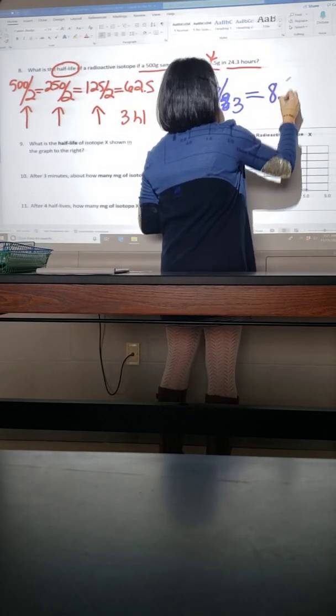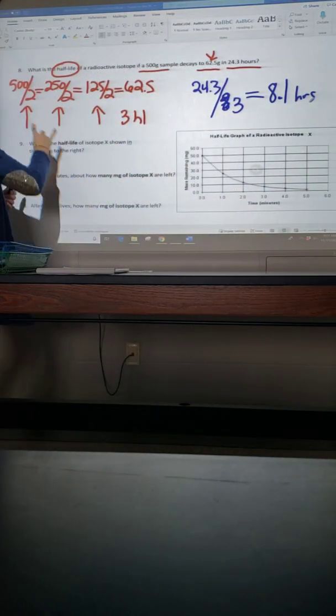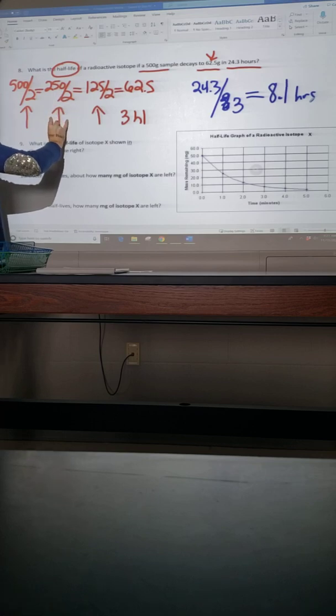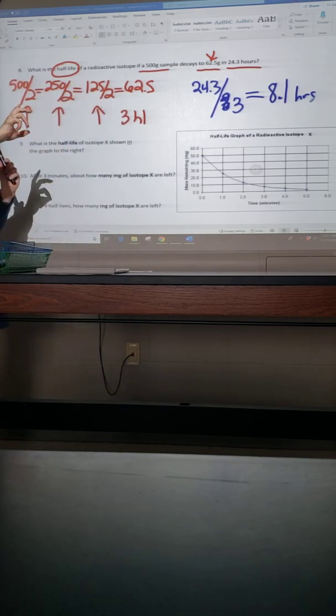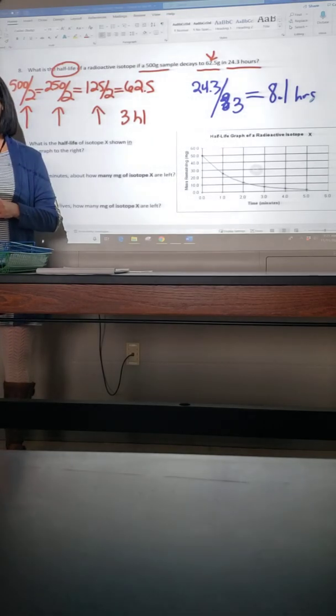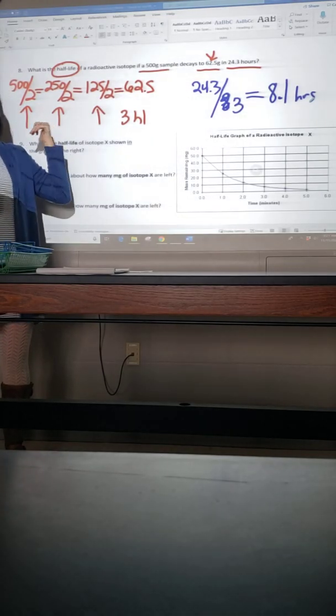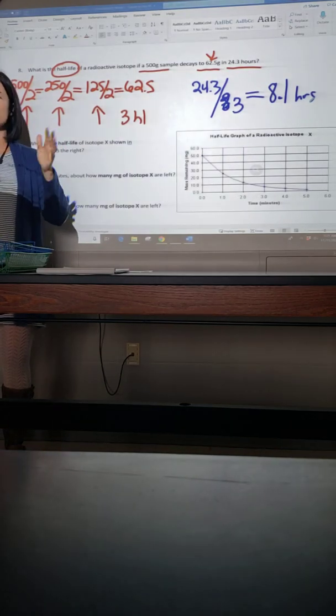Shocker, right? 8.1 hours. And that makes sense, right? Because you have 8.1, 16.2, and then you get your 24.3. So just a little twist on that final. So we could calculate what the half-life actually is as long as we have the total. Or if we have the half-life and we know how many half-lives it was, then we can find the total hours. So you can go either way.